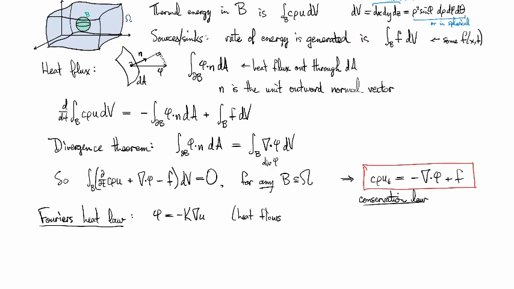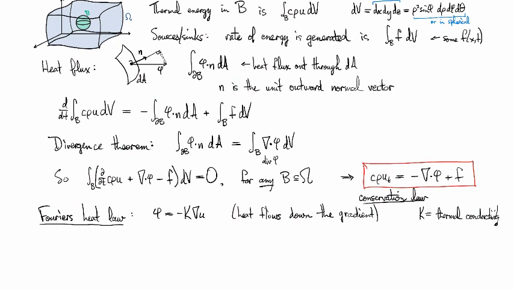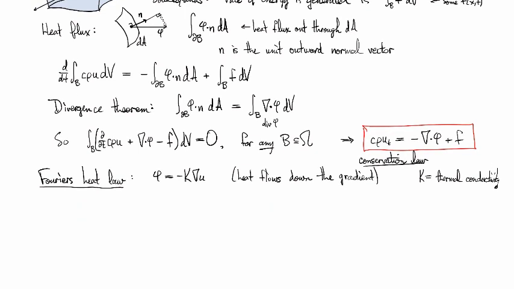So in words, heat flows down the gradient. Okay, and so here again, K is thermal conductivity. So it's a measure of how well heat can move around inside the object.